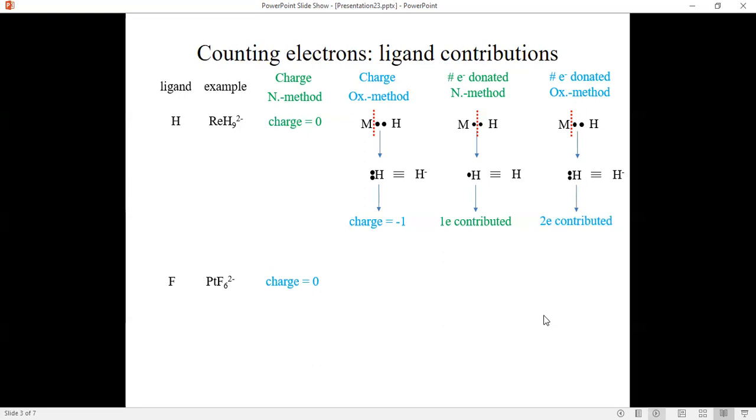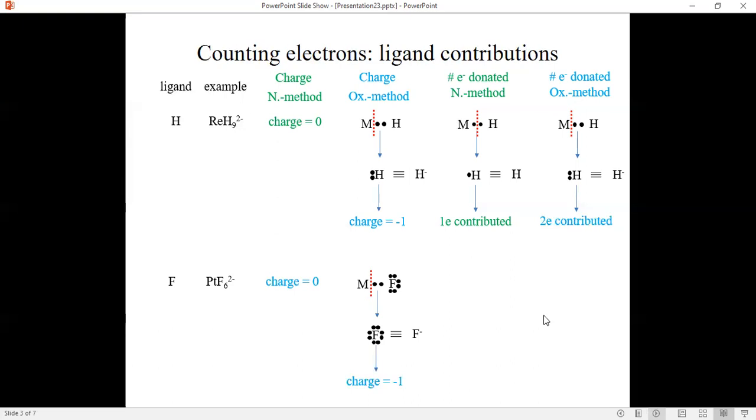Again, with the oxidation state method, we always cleave the bond heteroleptically. So if we do so, what is the charge of the ligand? -1, correct. We assign both electrons to the fluorine. That makes the fluorine a fluoride with a 1- charge.